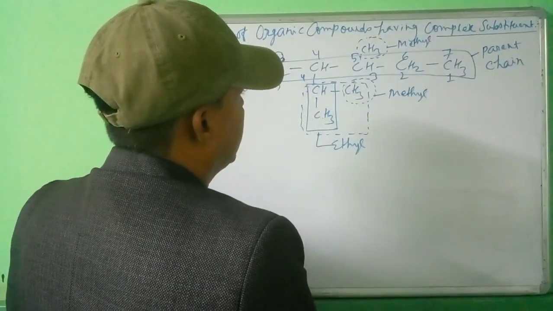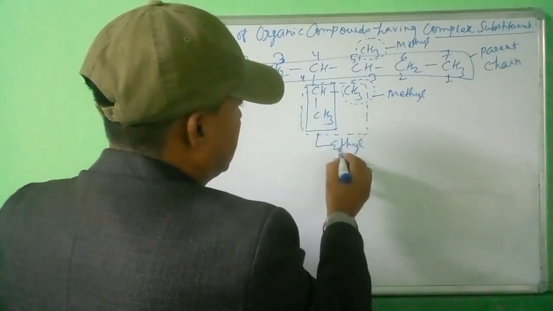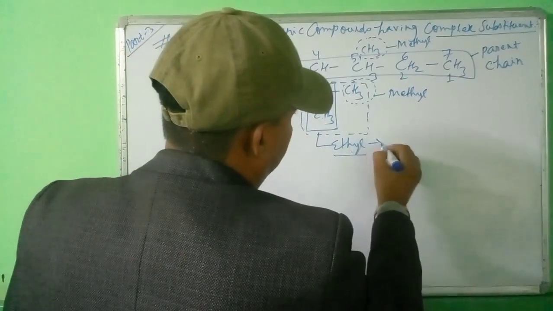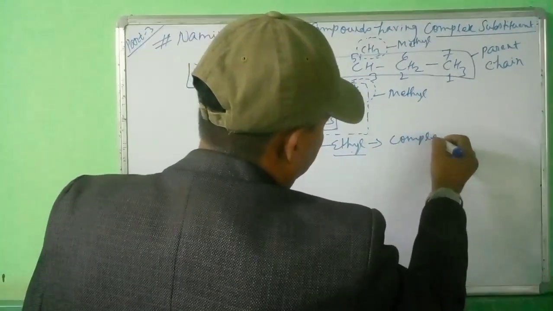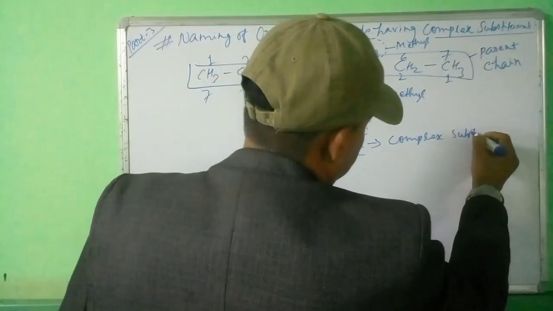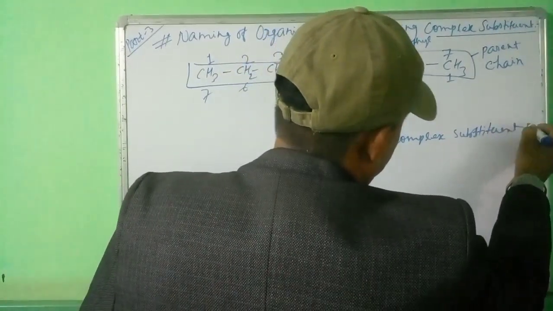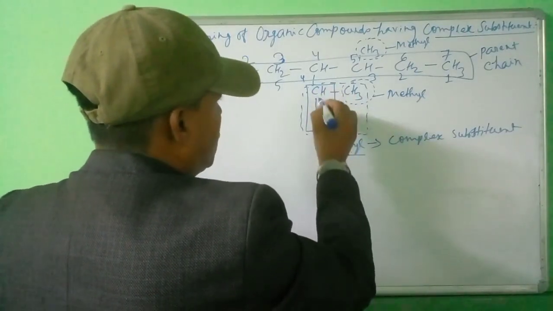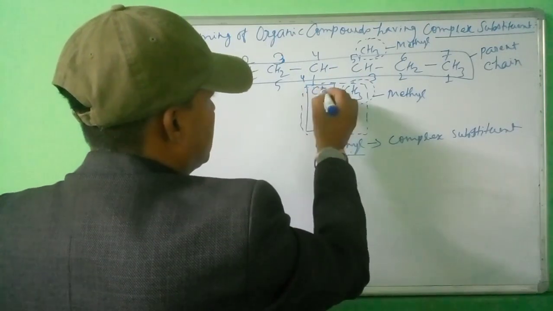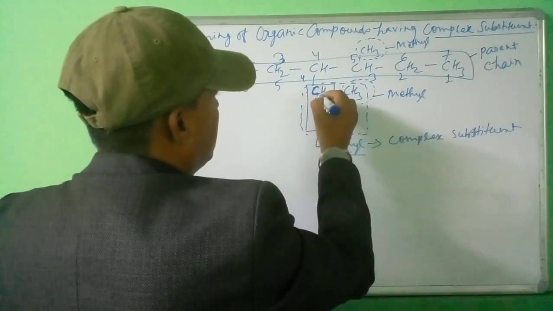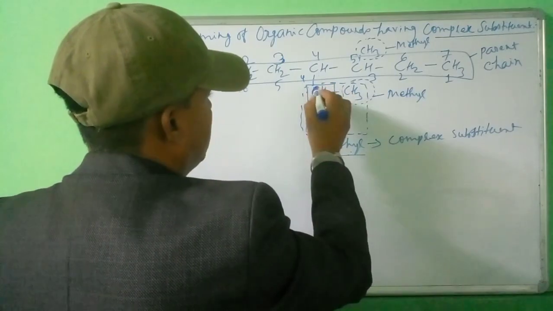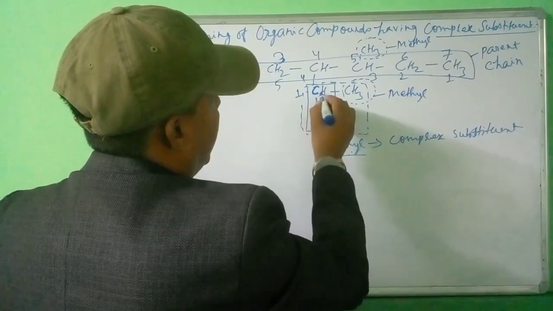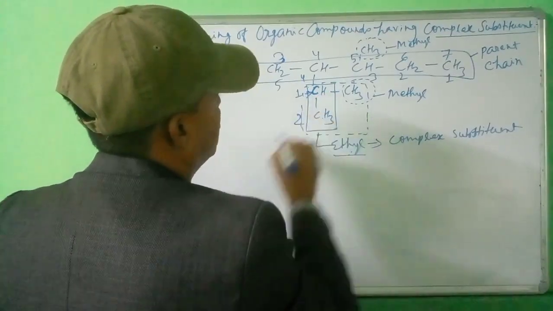Also we have to number the complex substituent. This ethyl is the complex substituent, and it has 2 carbons. At first, the carbon bonded to the parent chain gets the lowest number, number 1, and then the next carbon is 2.